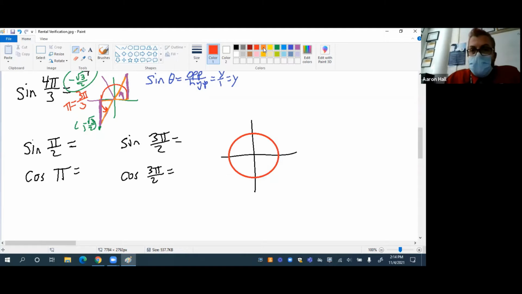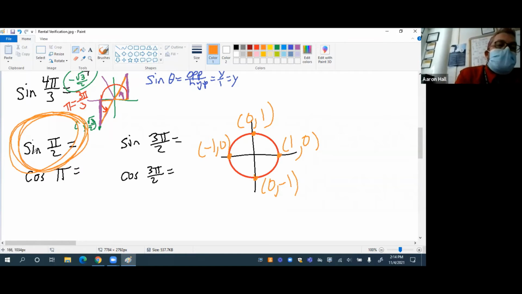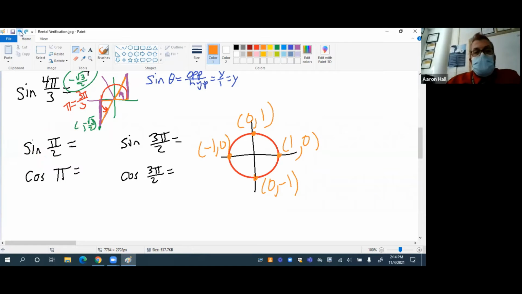For our unit circle, what are the coordinates right here? 1, 0. What's this one right here? 0, 1. What's this one here? Negative 1, 0. And this one here? 0, negative 1.